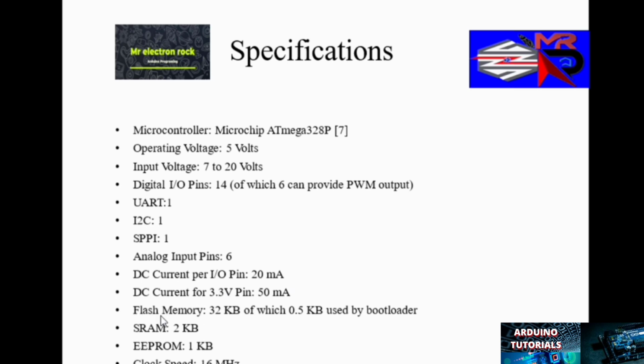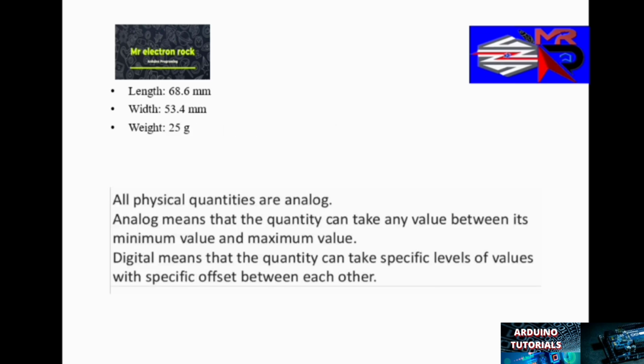Flash memory is 32 KB, of which 0.5 KB is used by the bootloader, so it has 31.5 KB of flash memory. SRAM is 2 KB, EEPROM is 1 KB, and clock speed is 16 MHz. The length is around 68.6 mm, the width is 53.4 mm, and the weight is 25 grams.